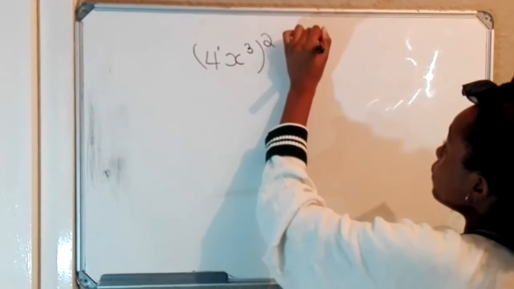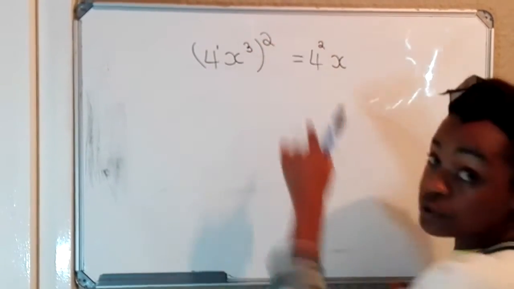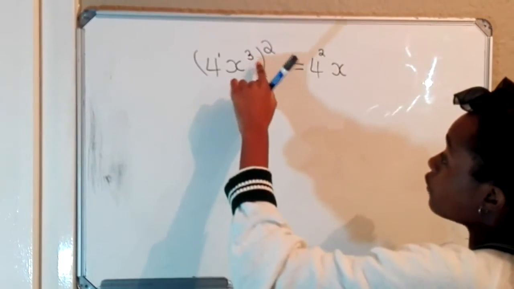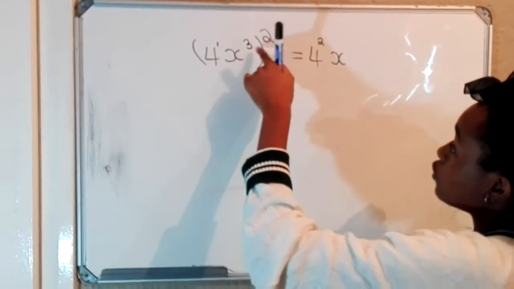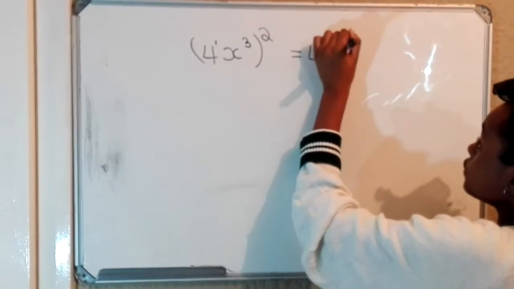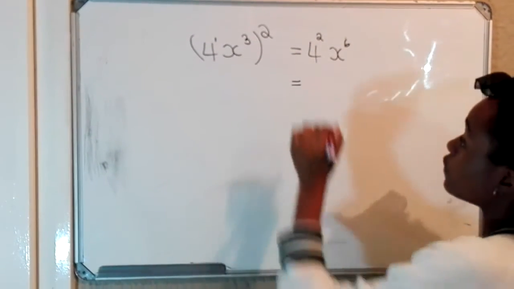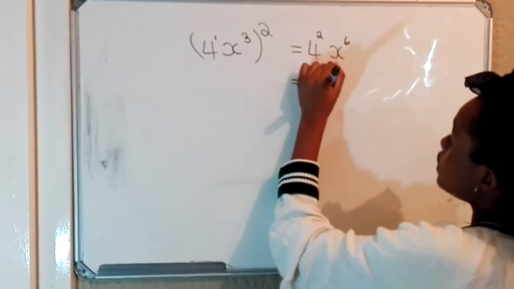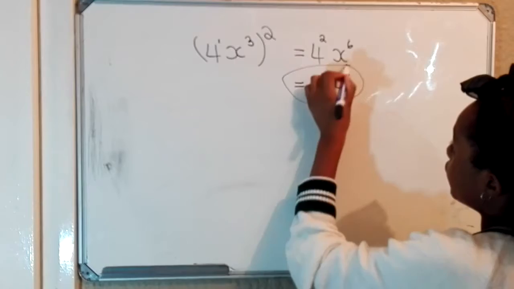So 4 is raised to the power of 2, and for x, we say 3 times 2, because of our properties of exponents, you have to multiply the variable's exponent. So 3 times 2 gives you a power of 6, and 4 squared gives you an answer of 16, and we're left with 16x to the power of 6. So this is our final answer, everybody, okay?